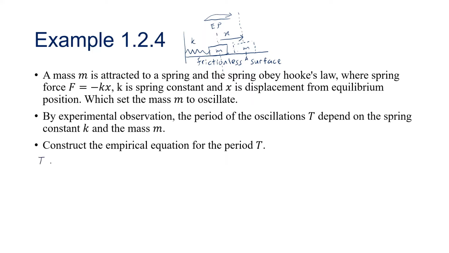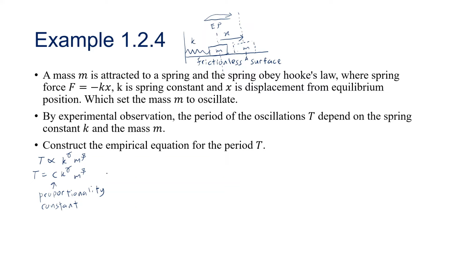What we can write is that T is proportional to k to the power of some alpha and m to the power of some beta. Here is the proportionality, so we can write T equals C k to the alpha m to the beta. This C is what we call the proportionality constant.